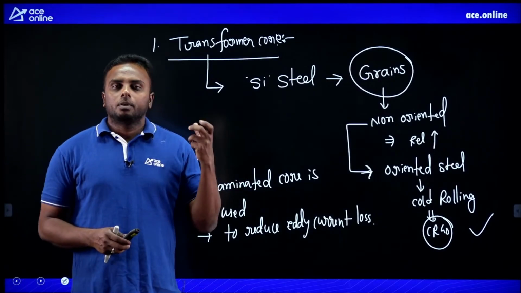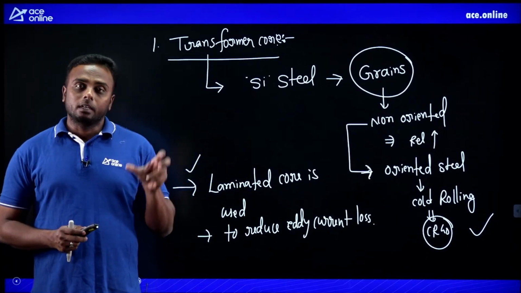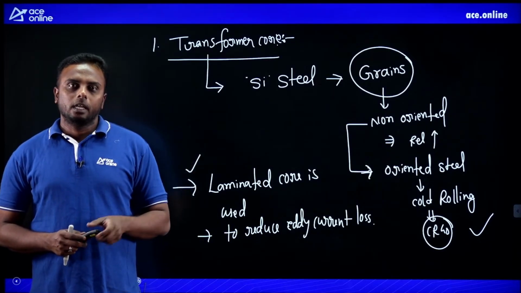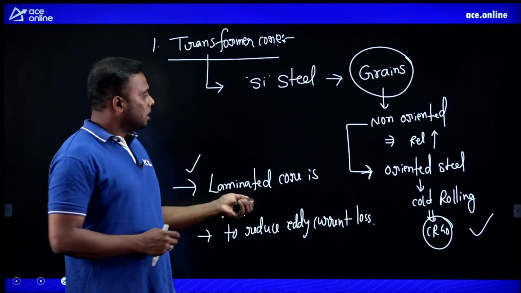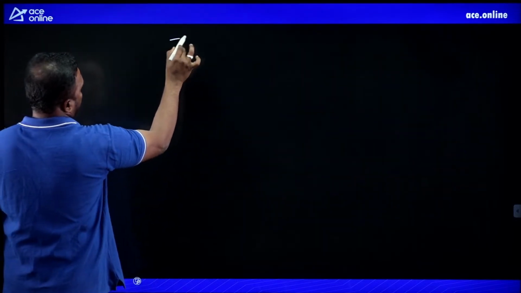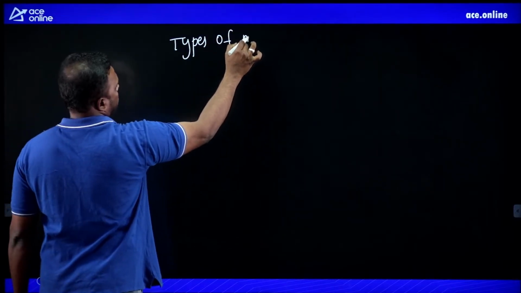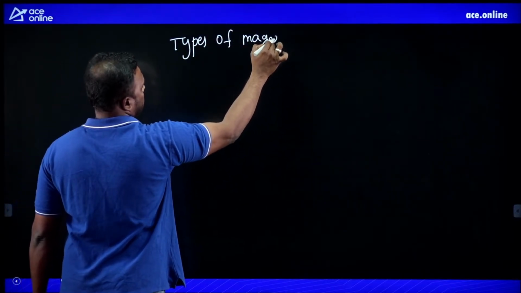And what types of magnetic circuit do we have? This is one of the JEE conventional examination questions also. Explain the types of magnetic circuits.